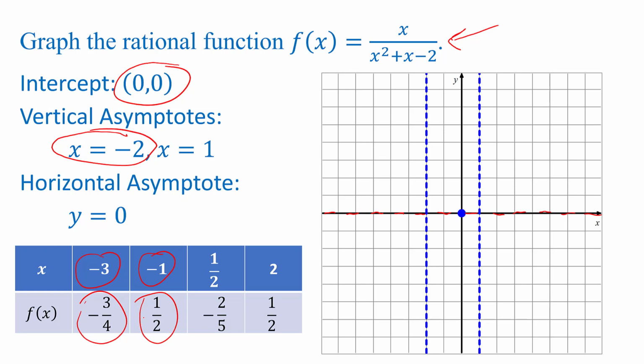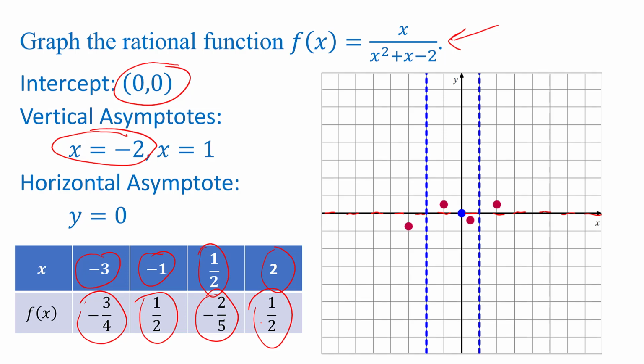Between x equals 0 and the vertical asymptote x equals 1, I choose x equals 1/2. The corresponding y-coordinate is negative 2/5. Then to the right of x equals 1, I choose x equals 2, and get a y-coordinate of 1/2.